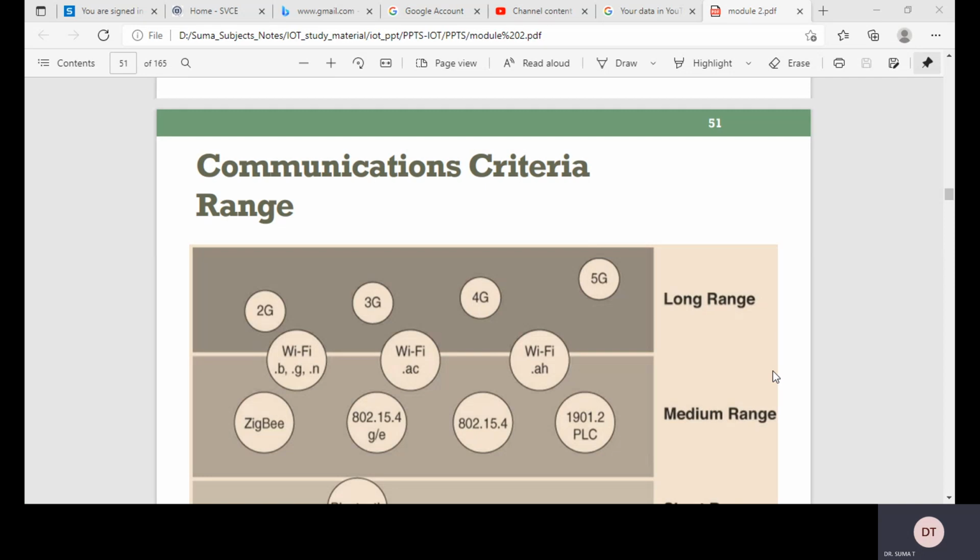Okay, so let me take the communication criteria. First, in the world of connecting things, a large number of wired and wireless access technologies are available or under development. Before reviewing some of these access technologies, it is important to talk about the criteria used in evaluating them for various use cases and system solutions.